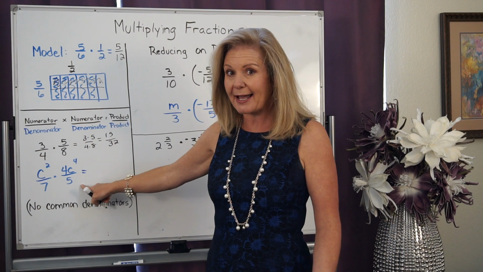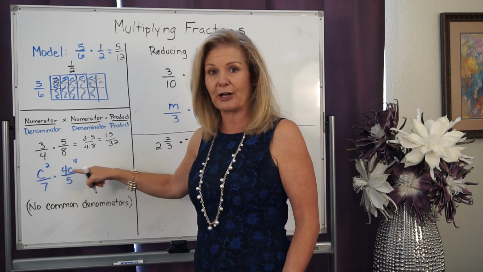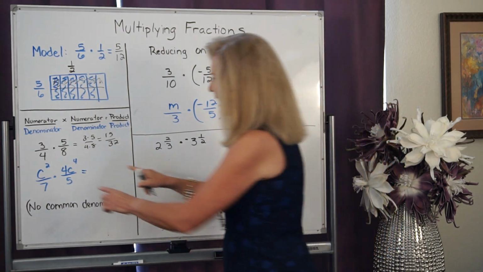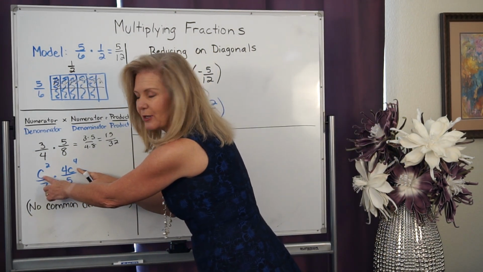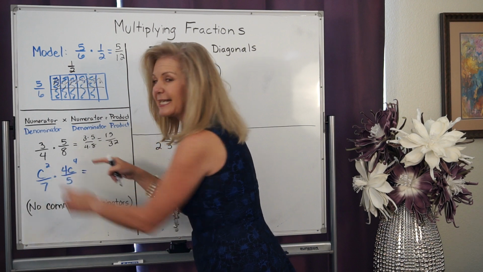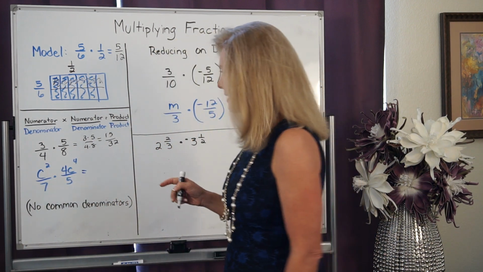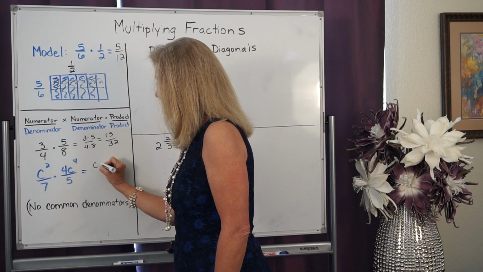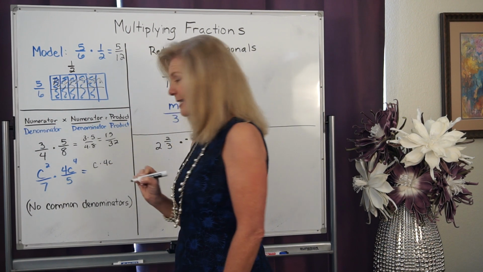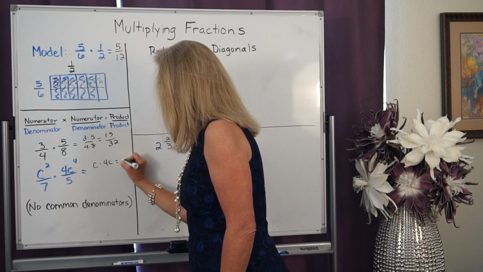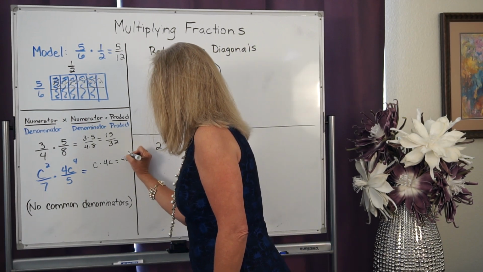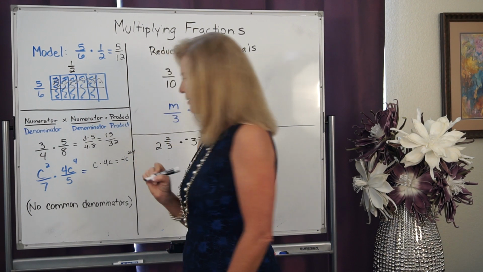Same rules apply if we have variables and exponents. So we have to go back and remember, if the bases are the same with the variable, all we need to do is add the exponents. So I'm still going to do c times 4c, but that 4 stays by itself, and I'm going to do c to the 2 plus 4.